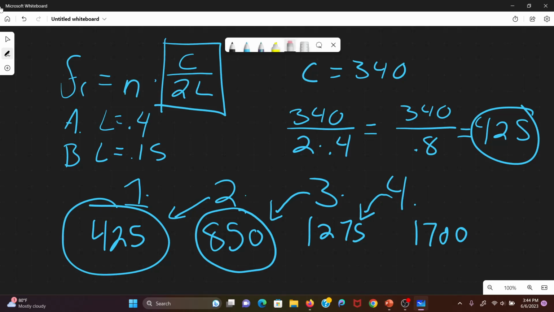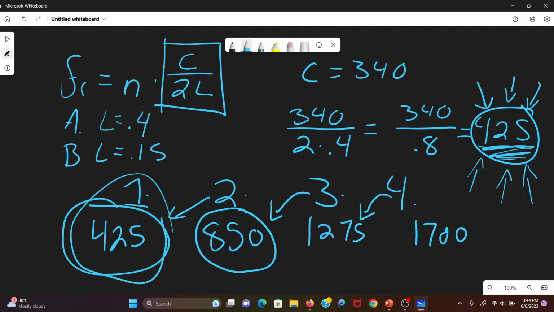It's integer multiples of this right here. So 1 times this, 2 times this, 3 times this, 4 times this. Always come back to this fundamental frequency right here. This is the first harmonic. This is the fundamental frequency.